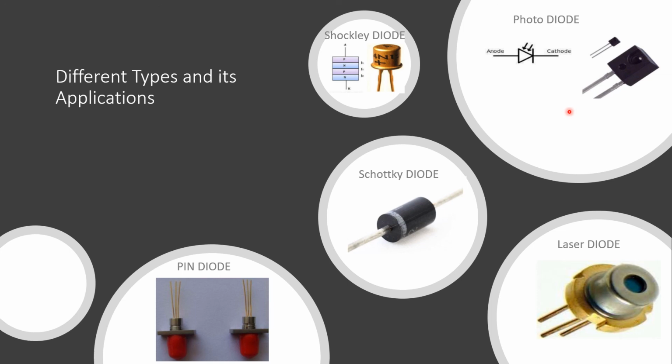The photodiode has a small transparent window that allows light to strike the PN junction. Here, when its PN junction is exposed to light, the reverse current increases with the light intensity. When there is no incident light, the reverse current is almost negligible and is called the dark current.